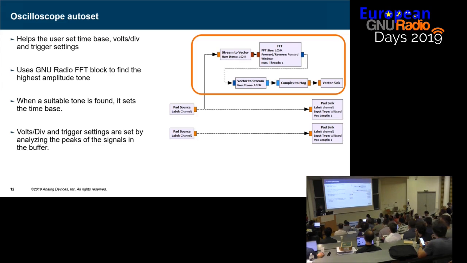It uses the GNU Radio FFT block to find the highest amplitude tone of the signal. When a suitable tone is found, it sets the time base based on the frequency of the tone. Once the tone is found, it looks at the raw data and analyzes the positive and negative peaks in order to set the volts per division and trigger settings.